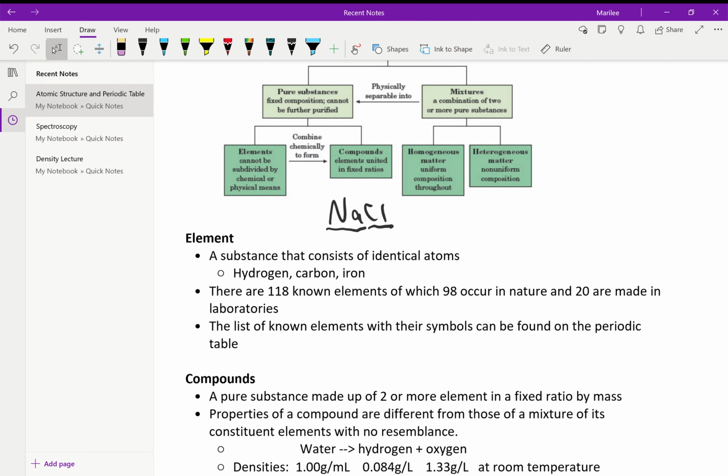In total, we have 118 known elements. And 98 of these 118 known elements occur in nature. The 20 remaining are made in laboratories. The list of these known elements with their symbols can be found on the periodic table.